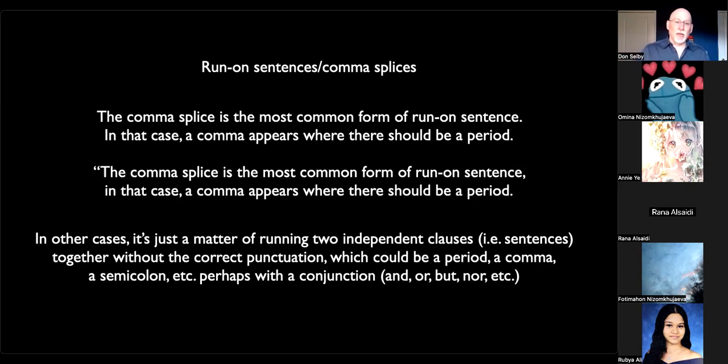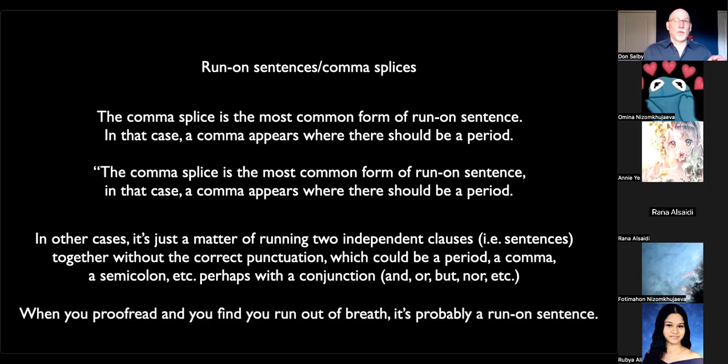Run-on sentences get in the way of that. So do sentence fragments. They force me to stop and go back, reread, try and figure out what's going on. And then once I've got a handle on what I think is going on, then I can start reading again. But it's totally pulled me out of your paper by that point. So that's why it's better to avoid them.